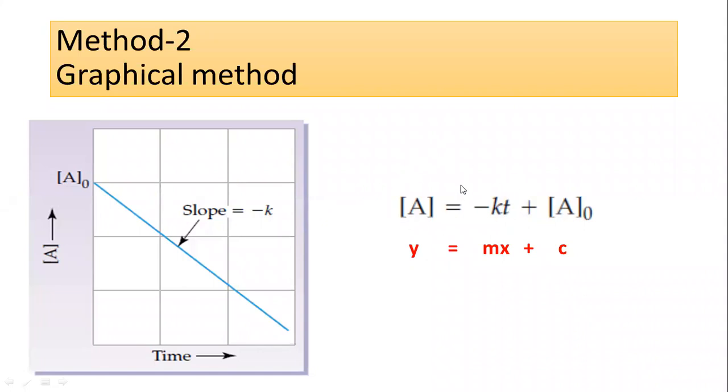So what is the dependent variable? The concentration may depend on the time. Your activities may depend on time. So these are the dependent variables. The dependent variable must always be on the y-axis, and the independent variable must be on the x-axis. This is the reason why we have plotted time versus concentration over here.